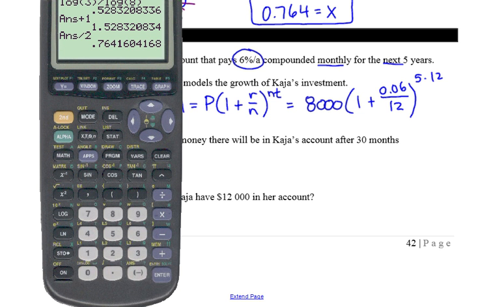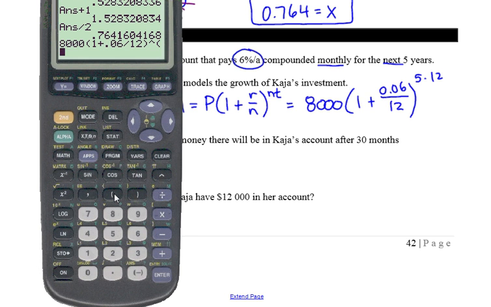So in our calculators, 8,000 times 1 plus 0.06 divided by 12. Now, if you're going to do the multiplication in the exponent, then you have to have brackets there. If you just put 60, you don't need the brackets. So 5 times 12, and that's how much we have in total: 10,790 and 80 cents.